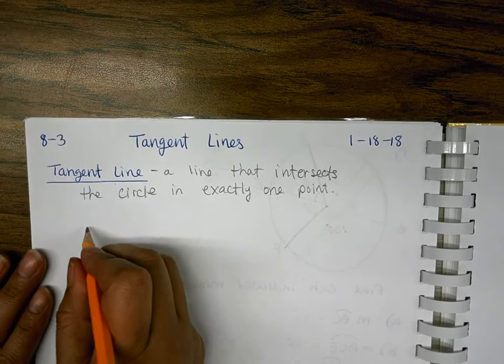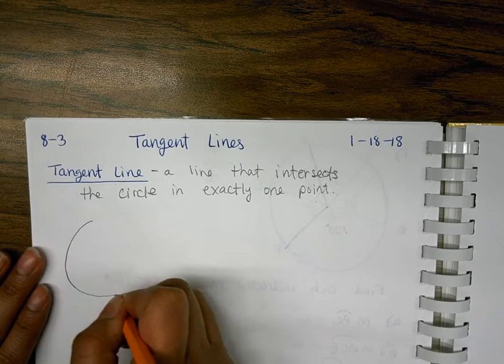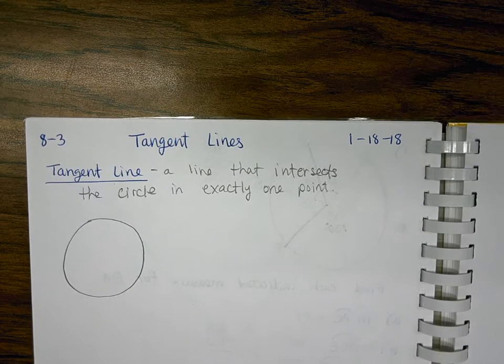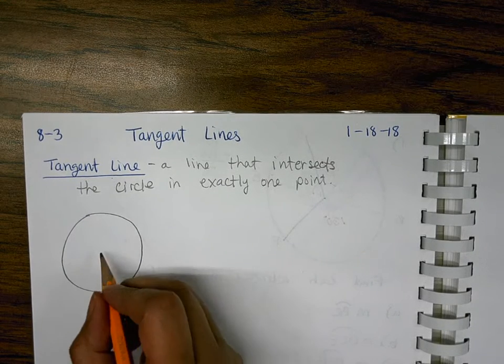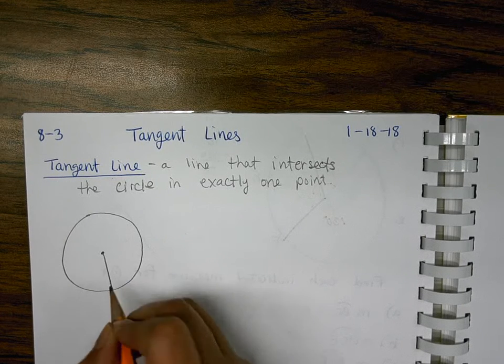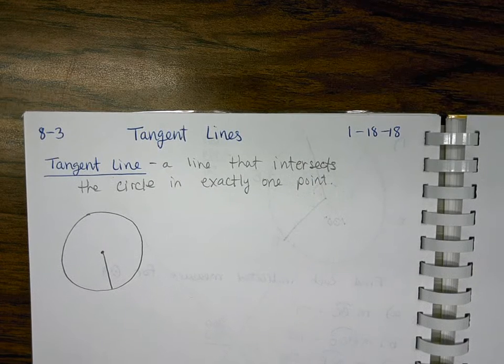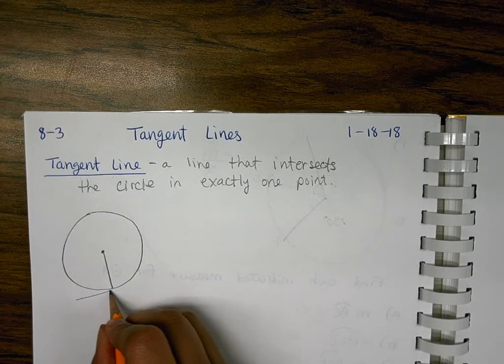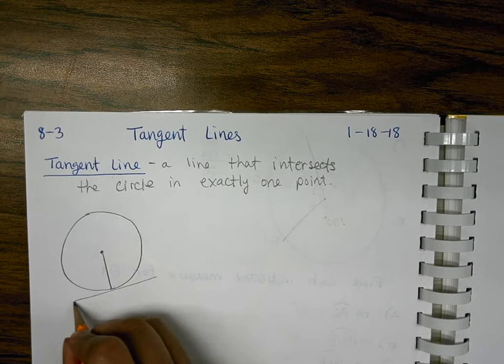Okay, so let's draw our circle over on this side. And draw a radius. This is the center. The radius touches from the center to the edge of your circle. And at this point, I'm going to draw a line that touches that circle only at that point.